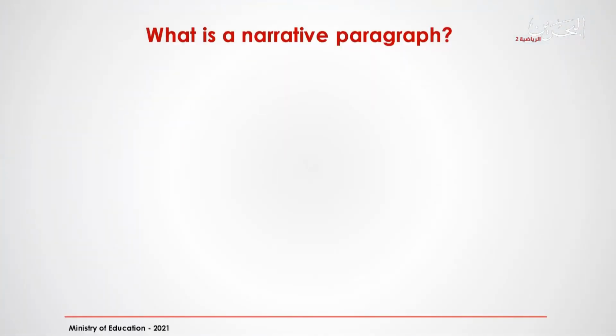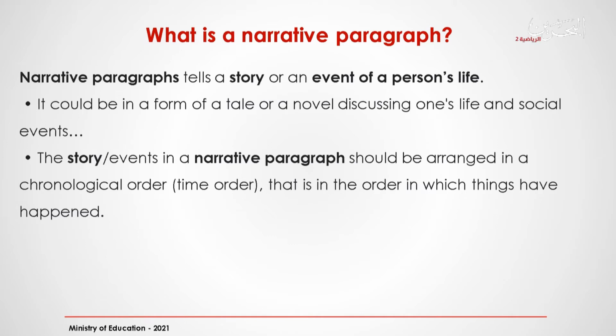So now let's think together. What is a narrative paragraph? What do we mean by a narrative paragraph? Think. Narrative paragraphs tell a story or an event of a person's life.